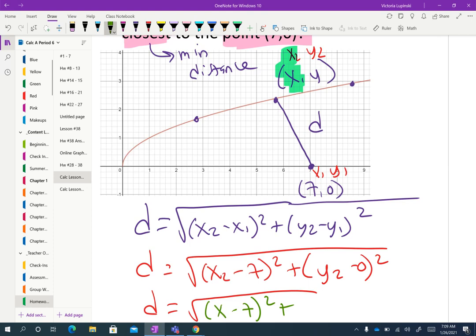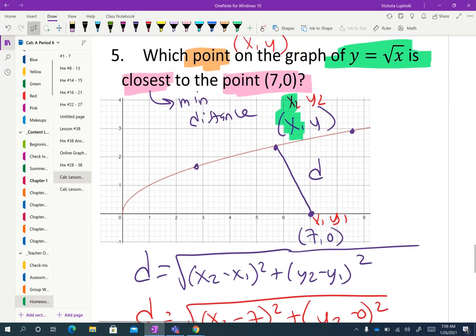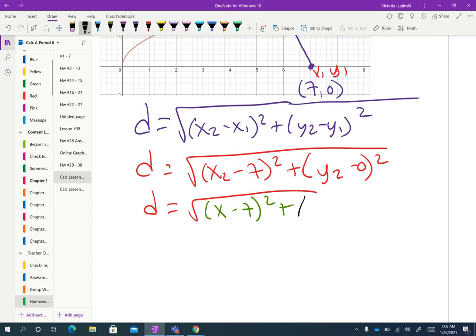And then y2 is really just y, but I don't want it to be just y. I would like it instead to be an x. So I'm going to sub in the square root of x minus 0 squared.